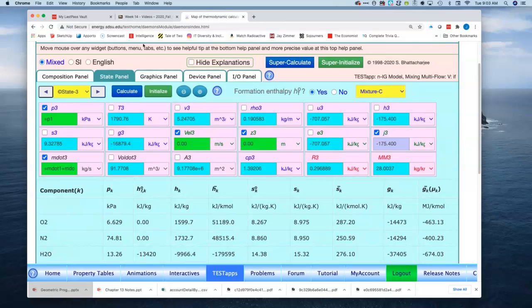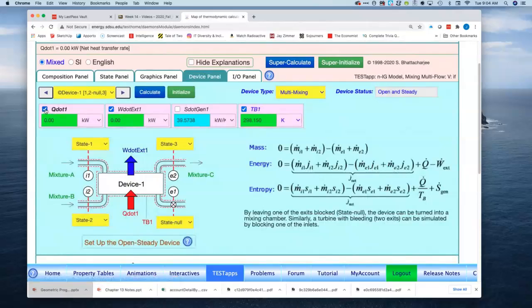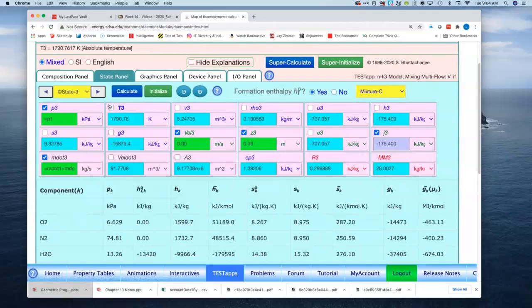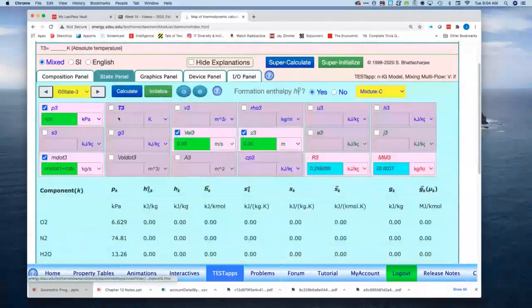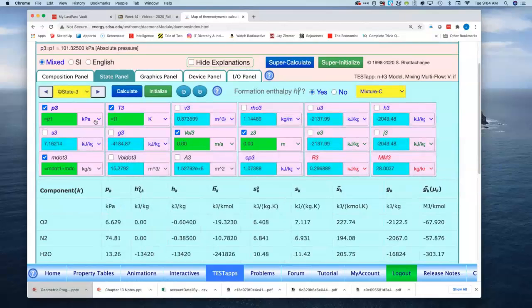Once we did that, we were able to assign the temperature. If I go back here and turn off this heat, and set this temperature, super calculate, equal to T1, this would be the products coming out at the same temperature as the fuel and the oxidizer went in.